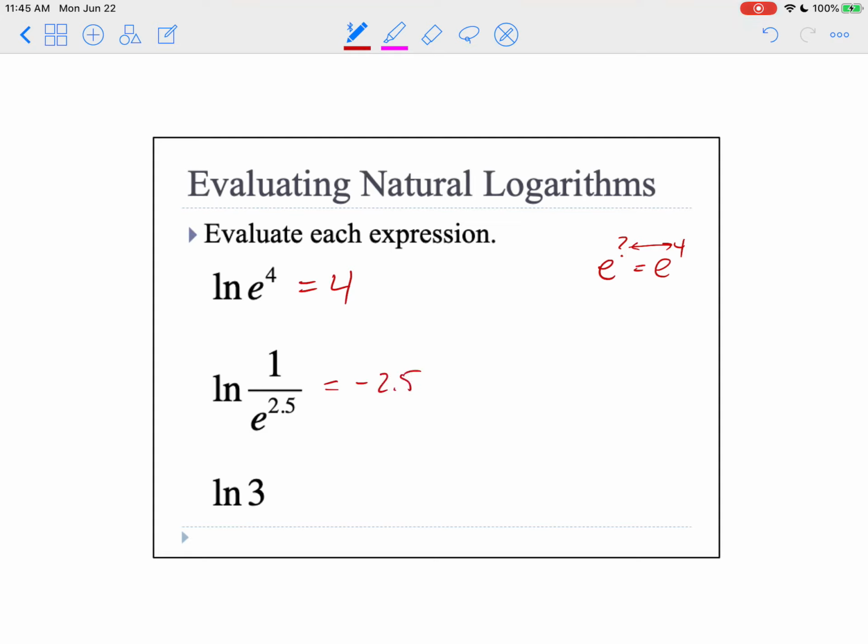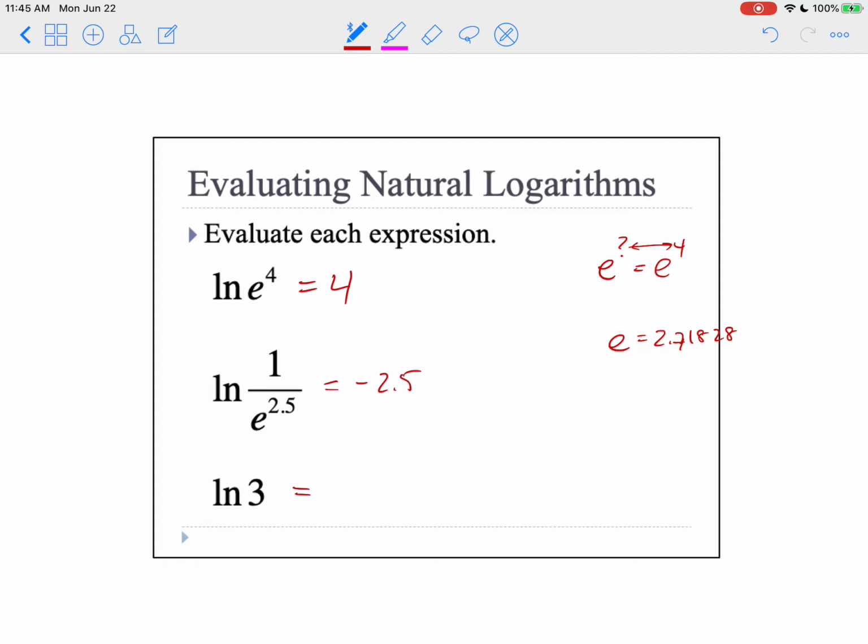What would I raise e to get 3? Well, remember that e is about 2.71828. And so it would definitely be bigger than 1. So e to the 1 would be 2.7.